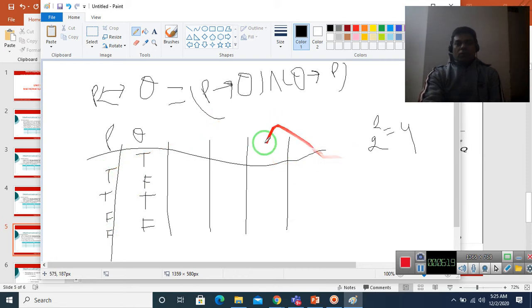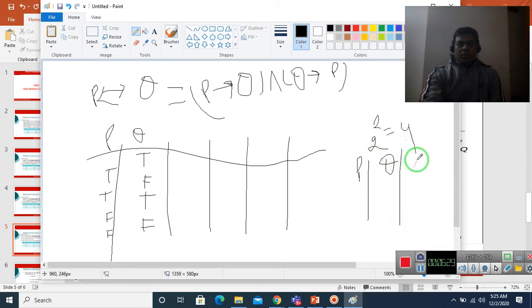According to conjunction, first of all I should prepare the table of conjunction. P conjunction Q, with the possible combinations again true false, false true, double true and double false.